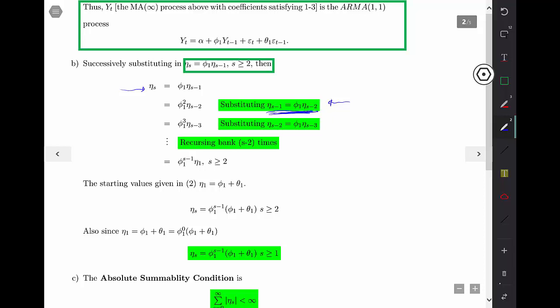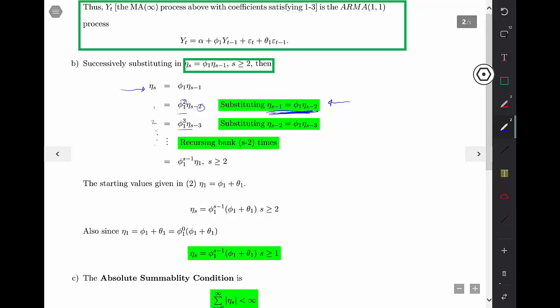Plugging that in, we get to here. Then again, we get to here. And we can see a pattern occurring. The power matches the lag. We've gone back once here, we've got psi1 squared e_{s-2}. We've gone back twice here, and we've got psi1 cubed e_{s-3}.